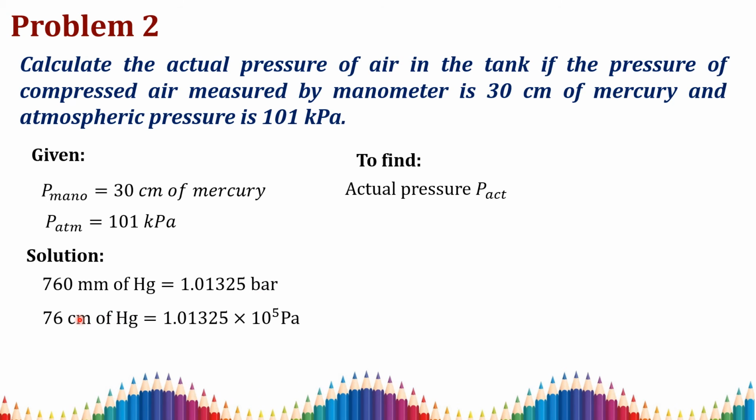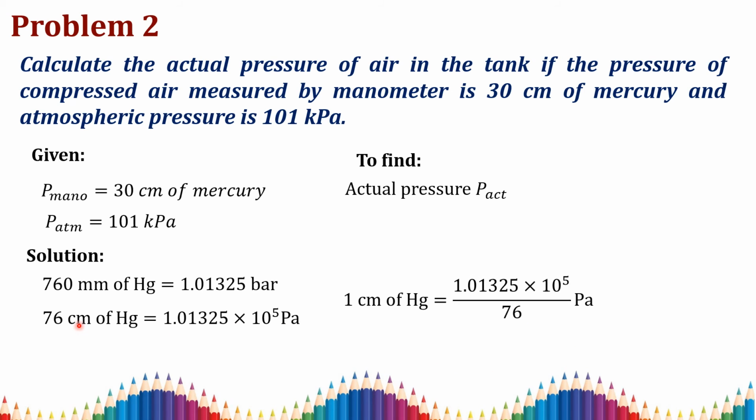So we can convert the 760 mm into 76 centimeter, since 76 centimeter equals 760 mm. So I am rewriting it like this: 760 mm of mercury as 76 centimeter of mercury, which is equal to 1.01325 bar. So 1 bar is 1 into 10 to the power of 5 Pascal, or 1 into 10 to the power of 5 Newton per meter square.